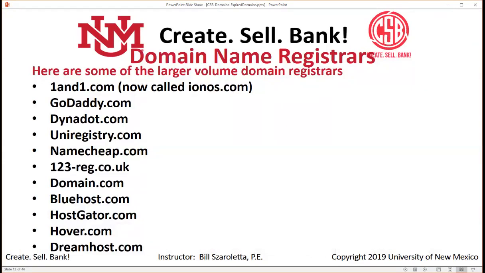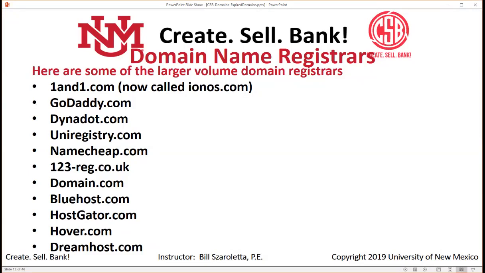Now we defined domain name registrars, and here are some of them: 1&1, which is now Ionos.com, GoDaddy, Dynadot, Uniregistry, Namecheap, 123-Reg.co.uk. So the .uk is the country code. Didn't figure that out before.